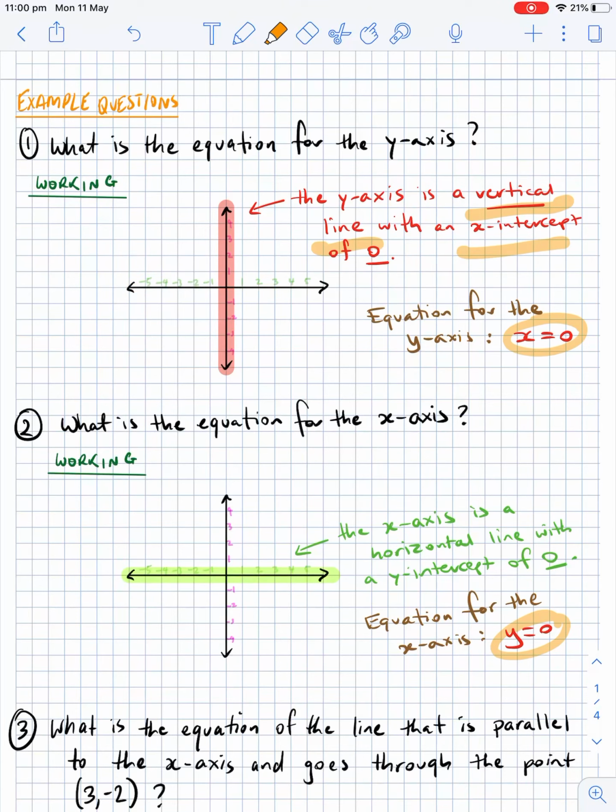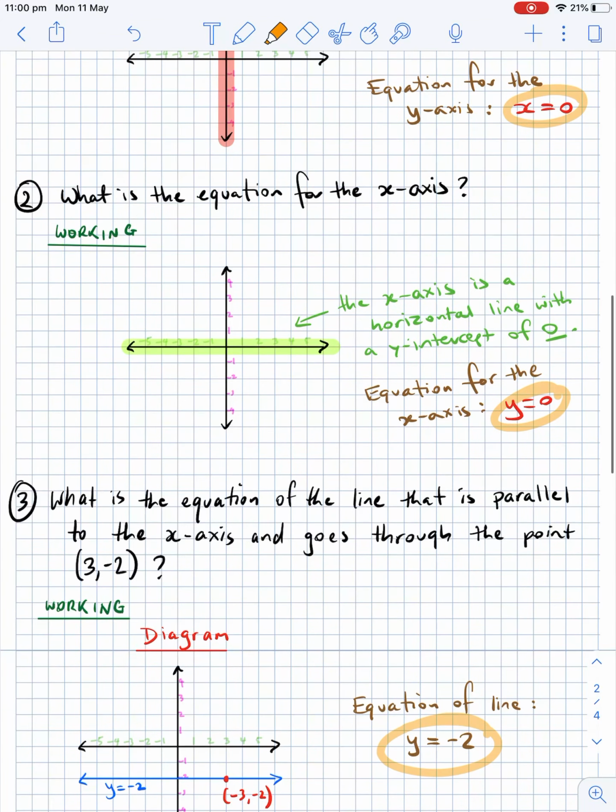So therefore, the equation for the y-axis that I've highlighted is x equals 0. Because it hits it at 0, and vertical lines have the equation x equals something. It has to be where it hits the x-axis, and it hits it at 0. So x equals 0.